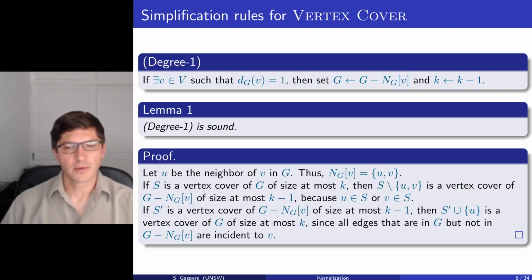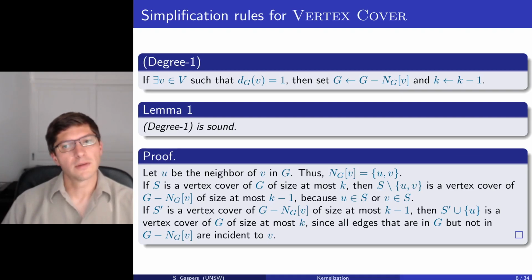Why does it have size at most K minus 1? Well, because in S, either U or V must have been in S to cover the edge UV. So after removing U and V from S, we get a set of size at most K minus 1.